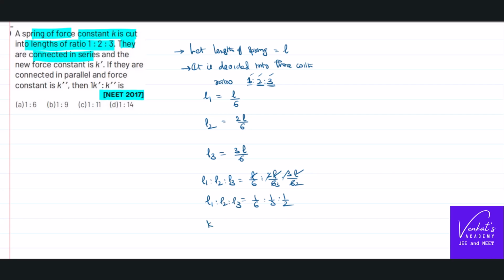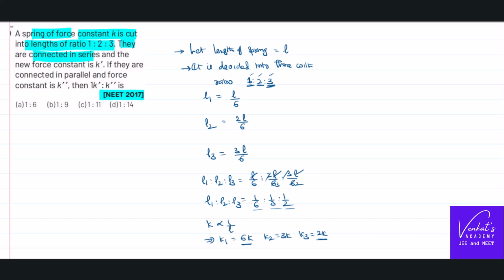With respect to spring constant, K is inversely proportional to L, which implies K1 will become 6K, K2 becomes 3K, K3 becomes 2K. As K is inversely proportional to length, the spring with less length will have the highest spring constant, and the spring with high length will have the lowest spring constant. That's the first part of the problem.